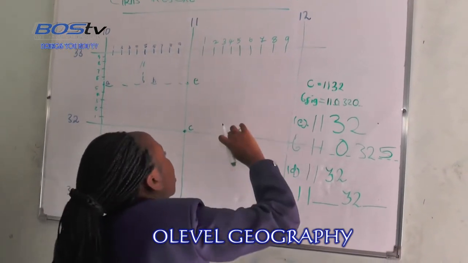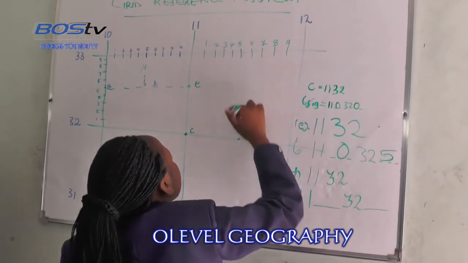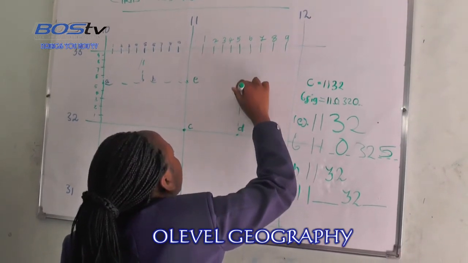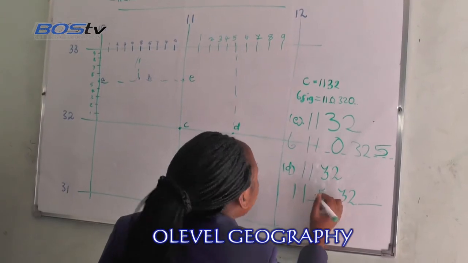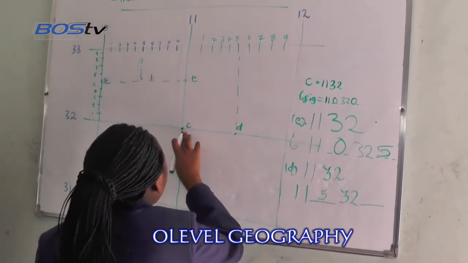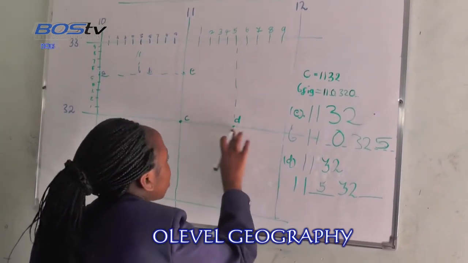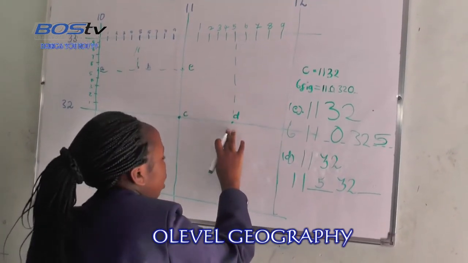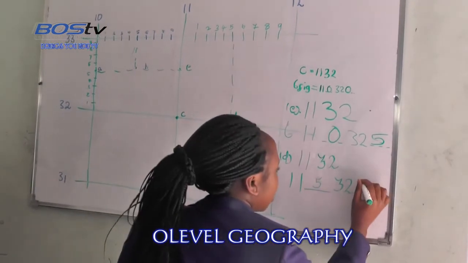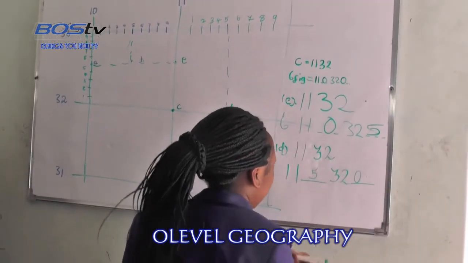If we look at the Eastings here, it directly points to 5. So then we put our 5 here. And then there's no need for us to plot to look at the northings just because it is right on the line. And if it's right on the line, we then put a 0. And then that is our 6-figure grid reference.